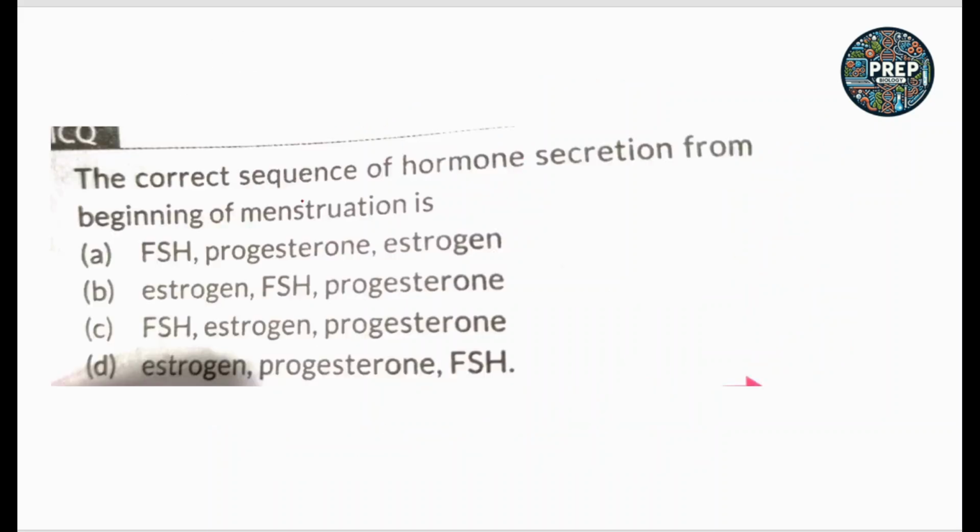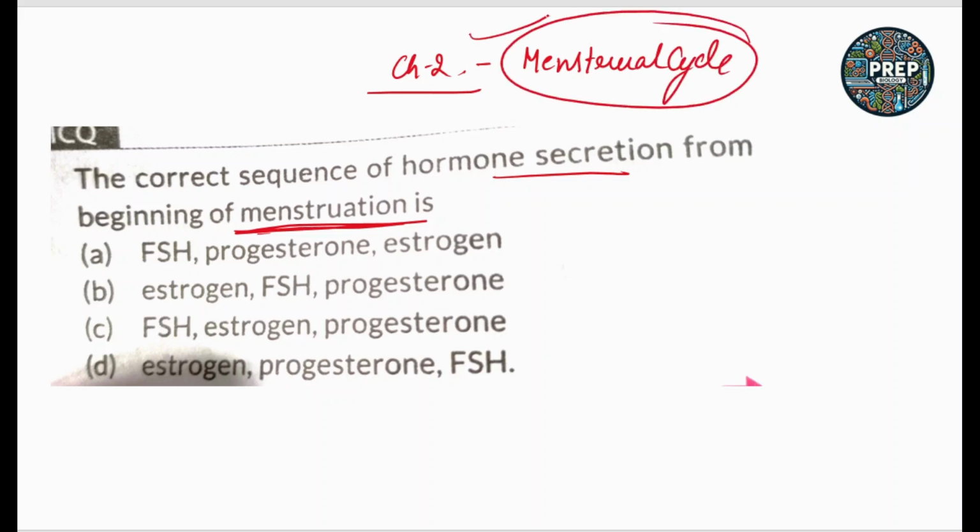Next question is the correct sequence of hormone secretion from the beginning of menstruation. From chapter number 2, that is human reproduction, the menstrual cycle is very, very important. In your previous board examinations, many questions have been asked from this topic, like case studies in the form of MCQs.